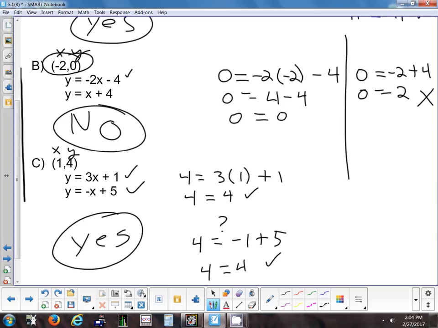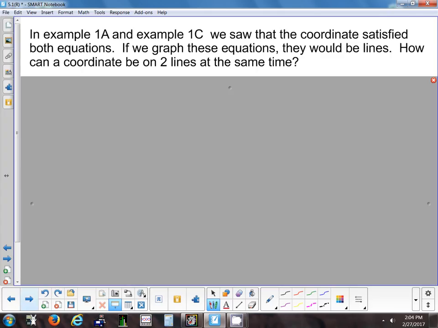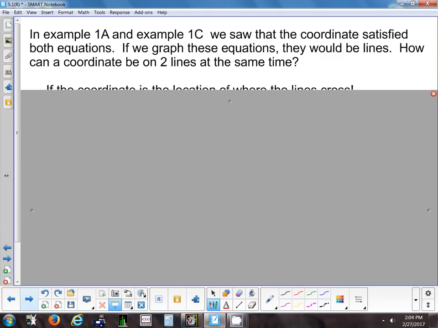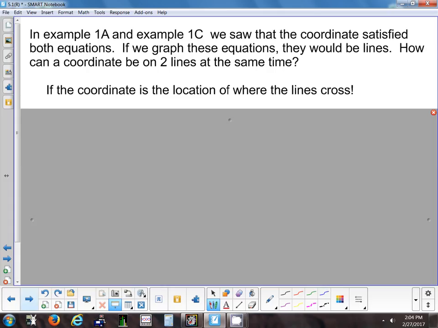Okay, so any questions on kind of working backwards? If they give you the answer, how you check and see if it works? All right, so now let's try it the other way. So the coordinate that we found that worked, that's where the lines cross.